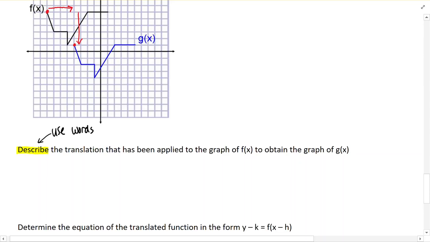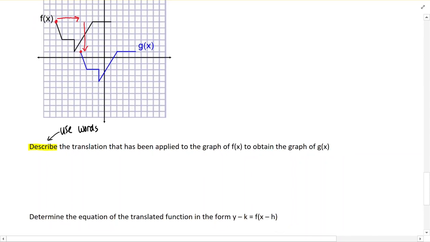When you're going to describe this, how I'll write this is, since you're moving 4 to the right, it's going to be horizontal translation 4 to the right.